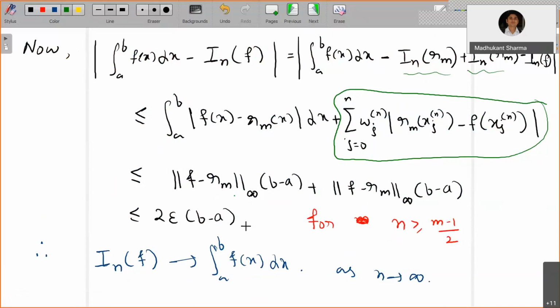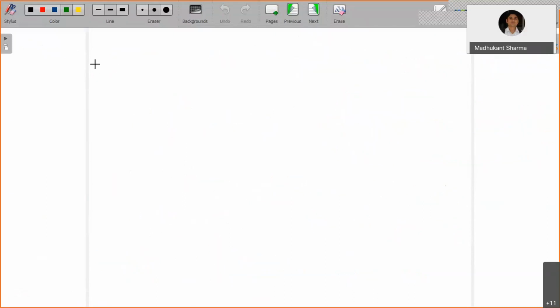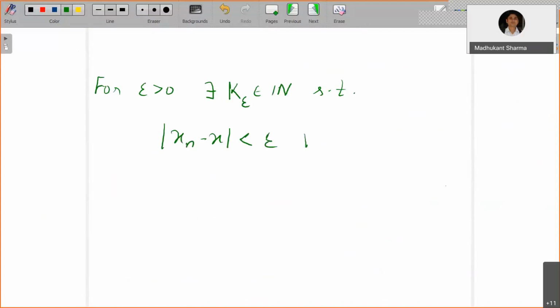What we have done will establish our claim, because if I recall the definition of convergence of a sequence, then for epsilon bigger than 0, there exists a k epsilon in the natural numbers such that the modulus of xn minus x is less than epsilon for all n greater than or equal to k epsilon.